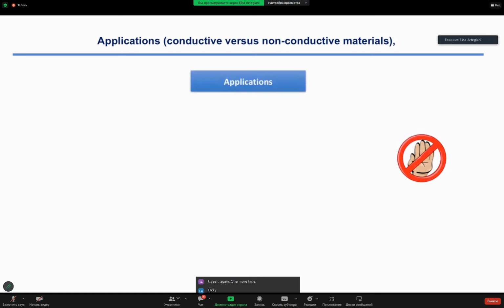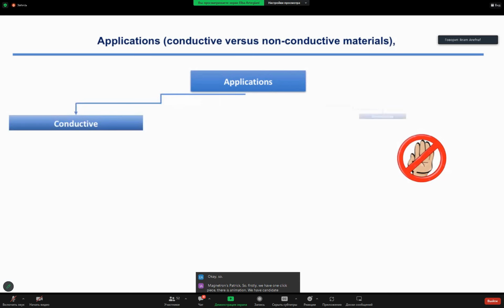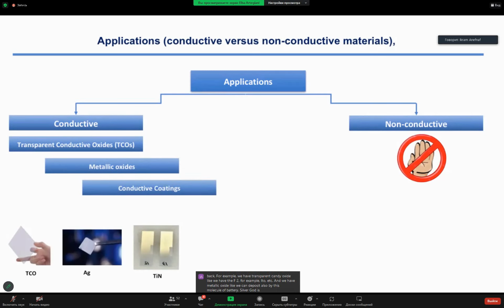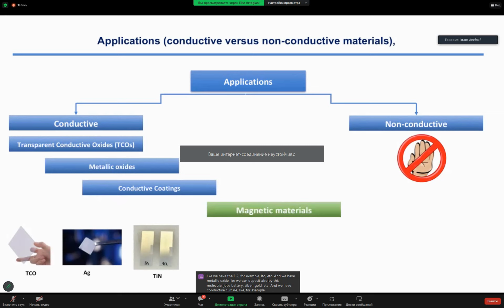Okay, so here are some examples of conductive materials deposited by DC magnetron sputtering. There is animation. We have conductive materials, for example transparent conductive oxides like TCOs, such as FTO and ITO, silver, gold, etc. And we have conductive coatings like, for example, titanium nitride.